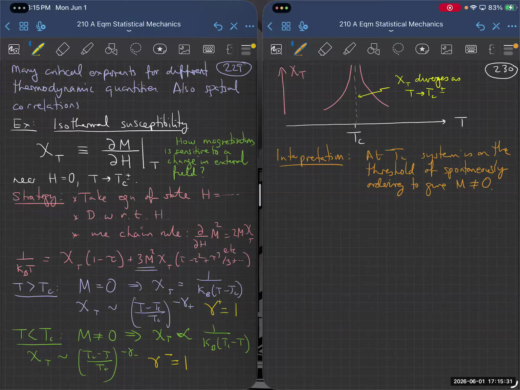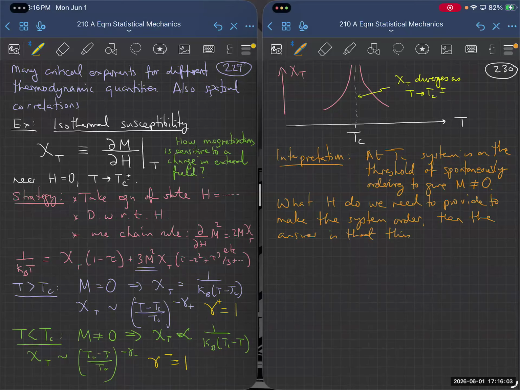And so therefore, if you ask the question, what h do we need to provide to make the system order, the answer is that this delta H goes to 0.